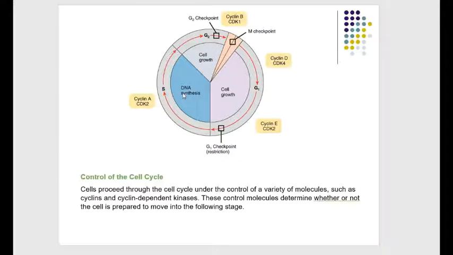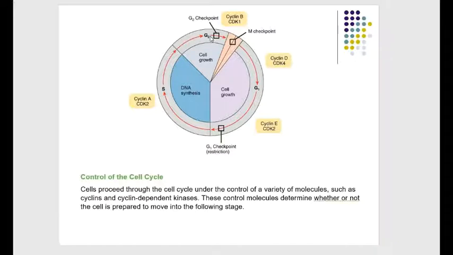The next phase is going to be G2. G2 is another growth phase. Again, the cell needs to replicate everything else in order to have all of the material copied and split into 2. We have a G2 checkpoint that's going to verify that everything has happened.